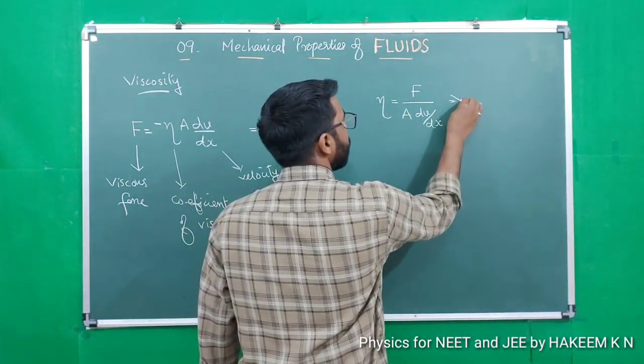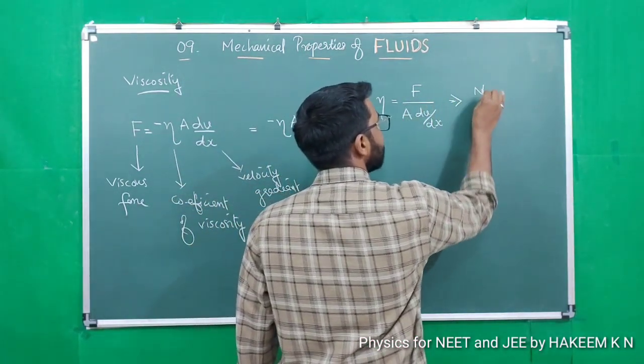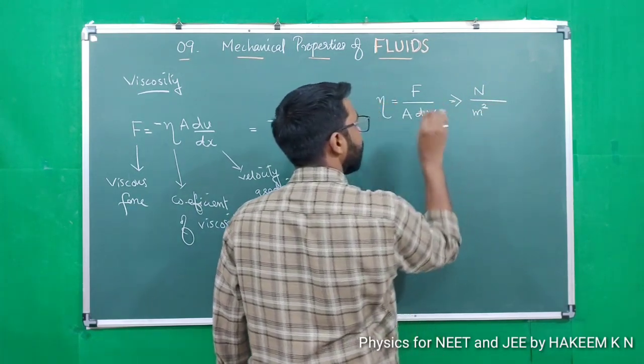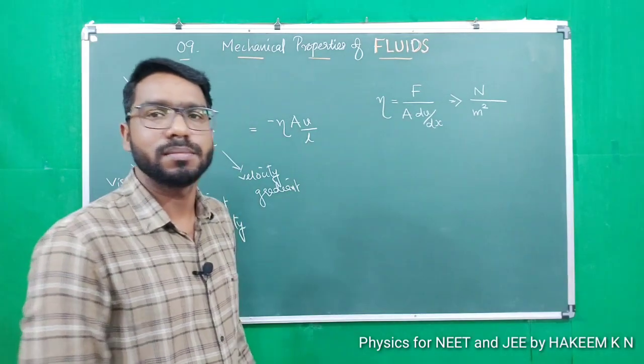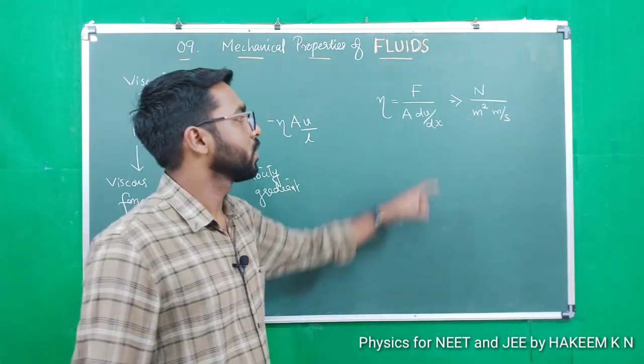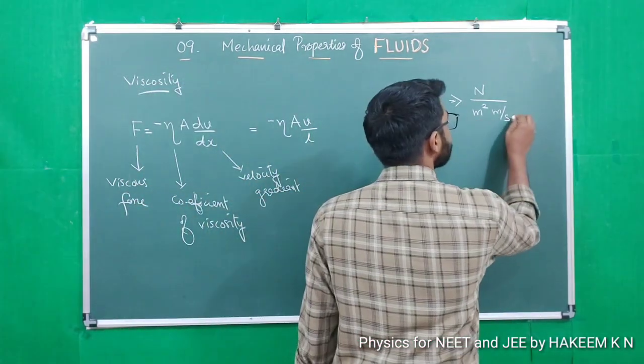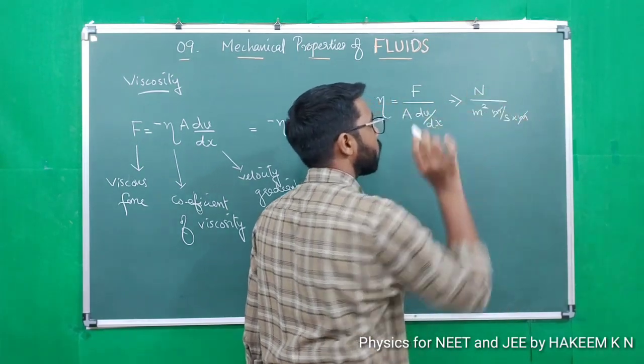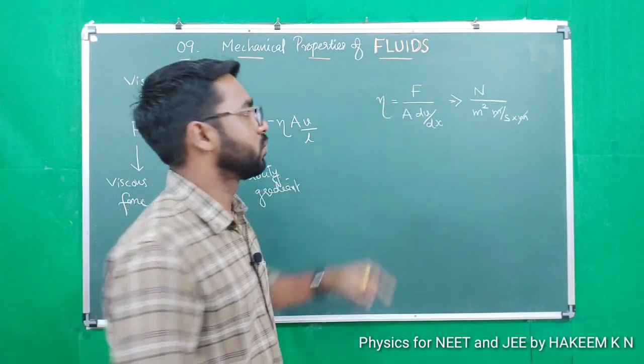So to get the unit of eta: for force, Newton; area, meter square; dV, velocity, meter per second; and dx is displacement, meter, at the bottom. So meter will be cancelled. Second will go to the top.